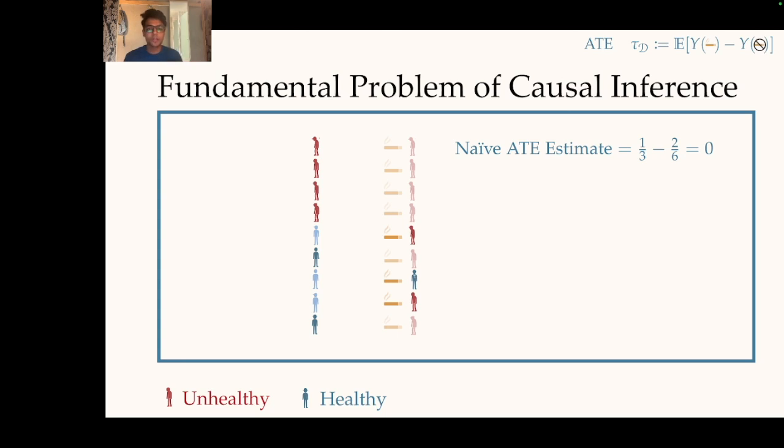And in this particular example, we indeed see that if we were in a setting where we could observe both outcomes for an individual, that is, could observe their health when they smoke and when they do not smoke, then we can estimate the true average treatment effect and see that smoking does have a significant adverse impact on individuals' health.